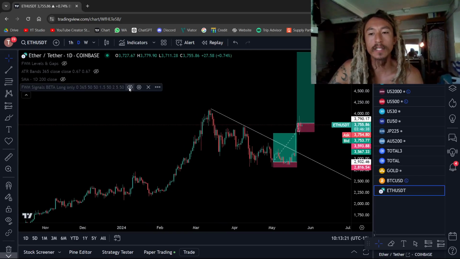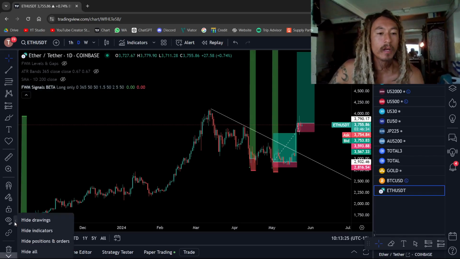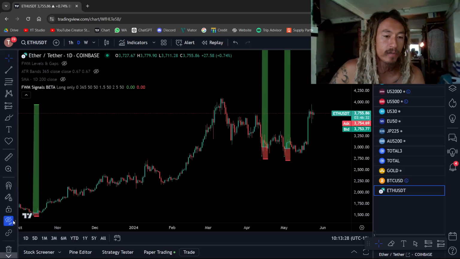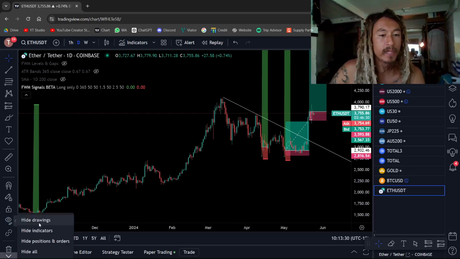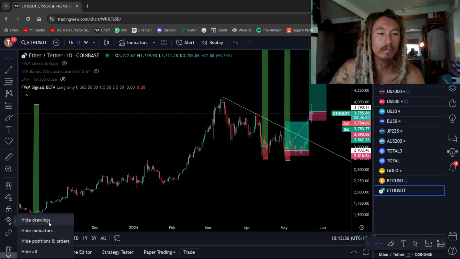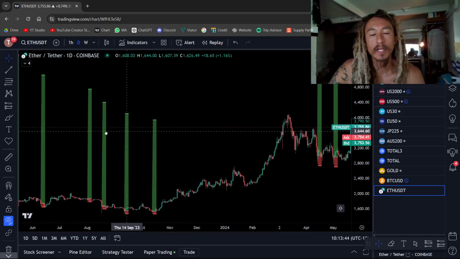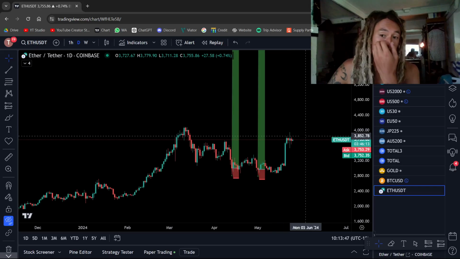So let's play around with the signal a little bit. Now, let me tell you that this is a beta version of the signal. It's missing certain features. This is me reappropriating the Forex signals to the Market Timing Pro. So it's not going to be perfect. It's missing a couple things. It's missing the breakout buys.